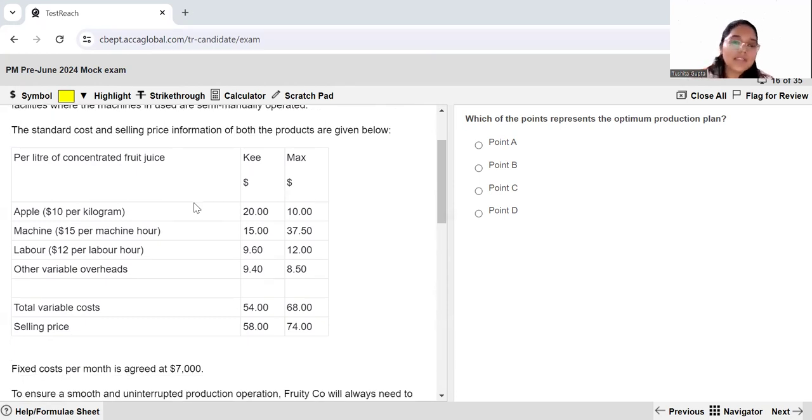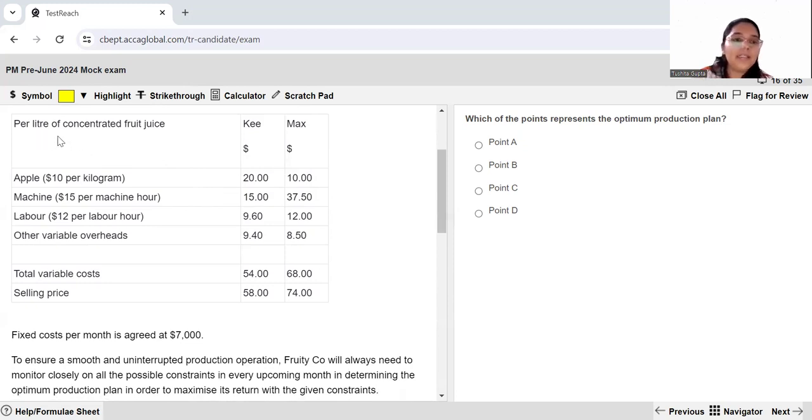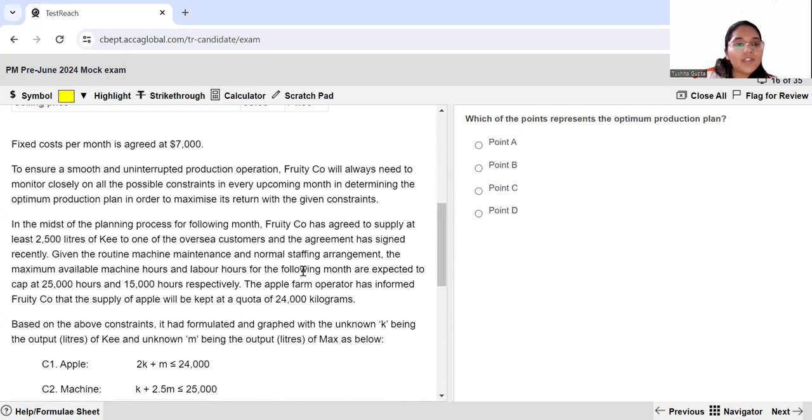The standard cost and selling price information of both of the products are given below. So per liter of concentrated fruit juice, you have your apples, machines, labor, other variable overheads, which leads to your total variable cost as this much for both of these. Selling price is also provided to you.